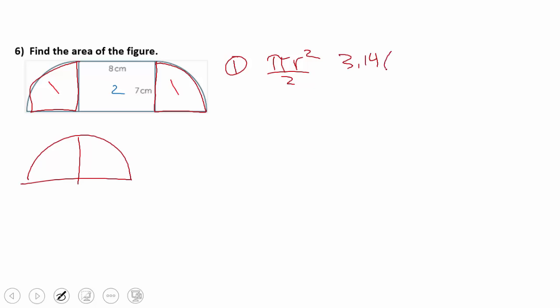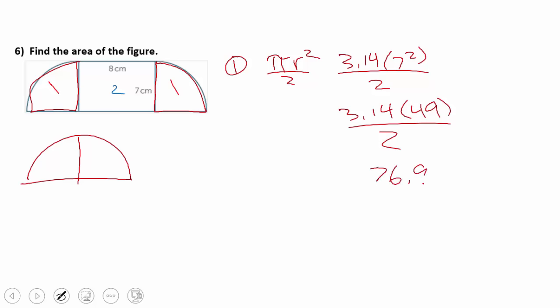The radius is going to be 7, and I'm going to divide that by 2 because I want to cut it in half. And so then I would have 3.14 times 49 divided by 2. And when I do that math, I get 76.93 for my semicircle, my 2 sectors on the end of that rectangle.